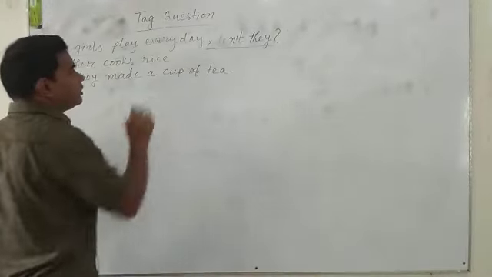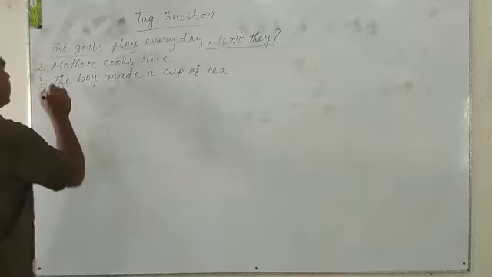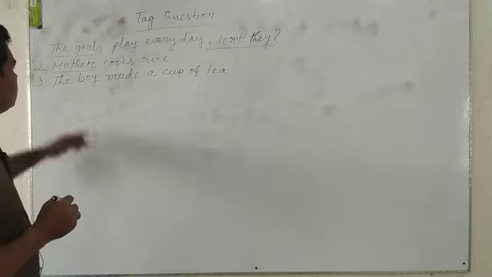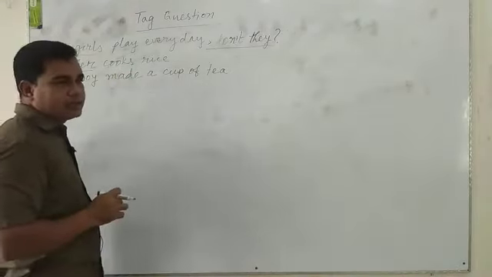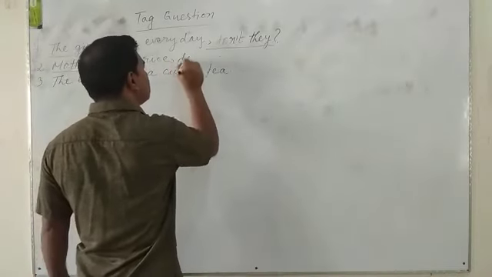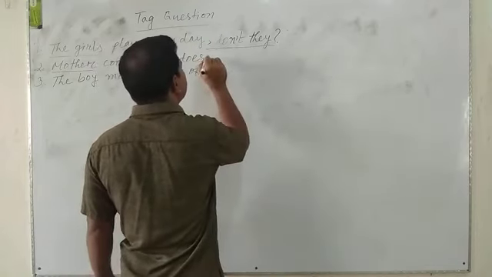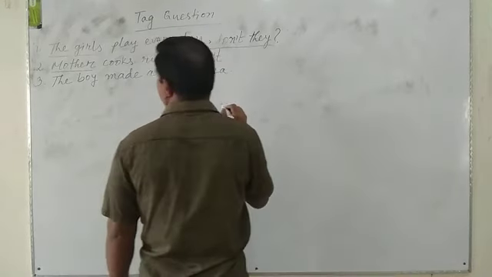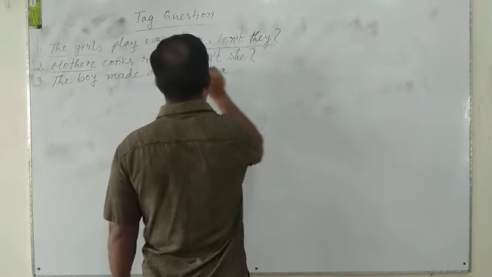In the same way, we have to omit the full stop. Mother cooks rice. Here the subject is singular, and the verb also bears s at the end, so we have to use does. And the sentence is affirmative, so we have to use not in the short form. Mother cooks rice, doesn't she?